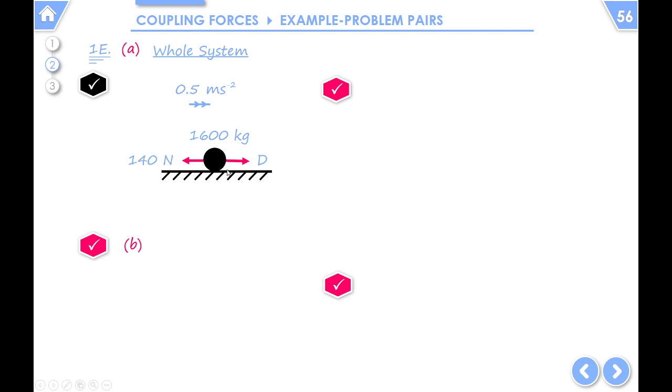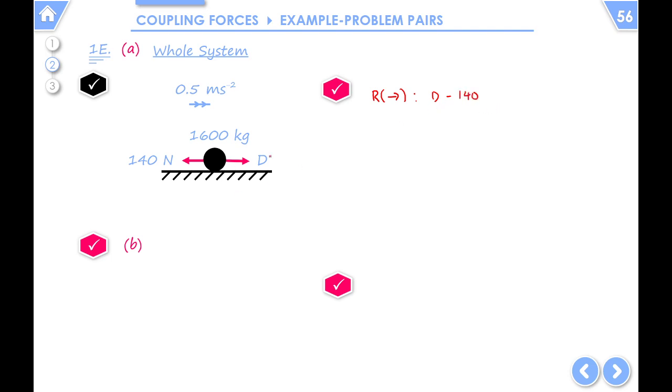And so from here, we can just do a simple force calculation where we are resolving horizontally. So we're going to resolve to the right as positive, because that's the direction of motion and the direction of acceleration. So we're going to have D minus 140.